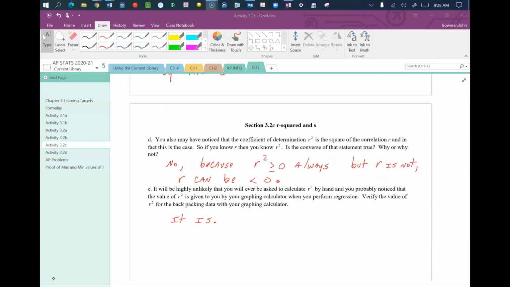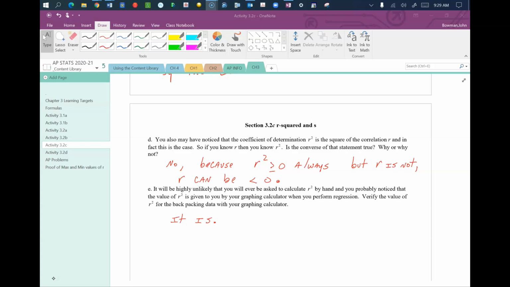Occasionally, you're given a question where you're told what R squared is, often asked to interpret it in context, and then you would be asked to find the value of R. A common mistake is for students to take the square root of R squared, which is fine, but make sure you convert it to a decimal first, and then give an answer.